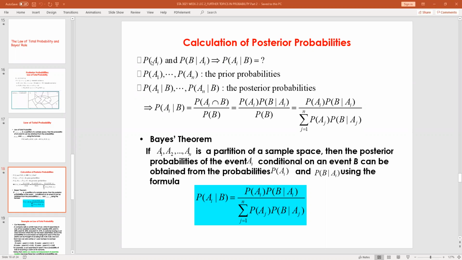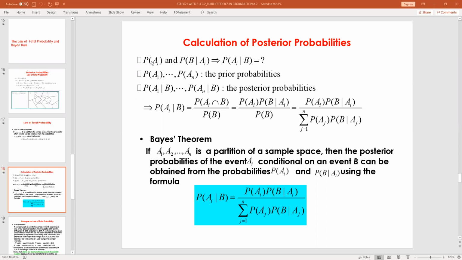Now, a prior assumption about the hypothesis. The hypothesis here is that the accused person is innocent until proven guilty. The idea of Bayes' theory is to update our prior belief in the light of observing the evidence that we gather from the crime scene.